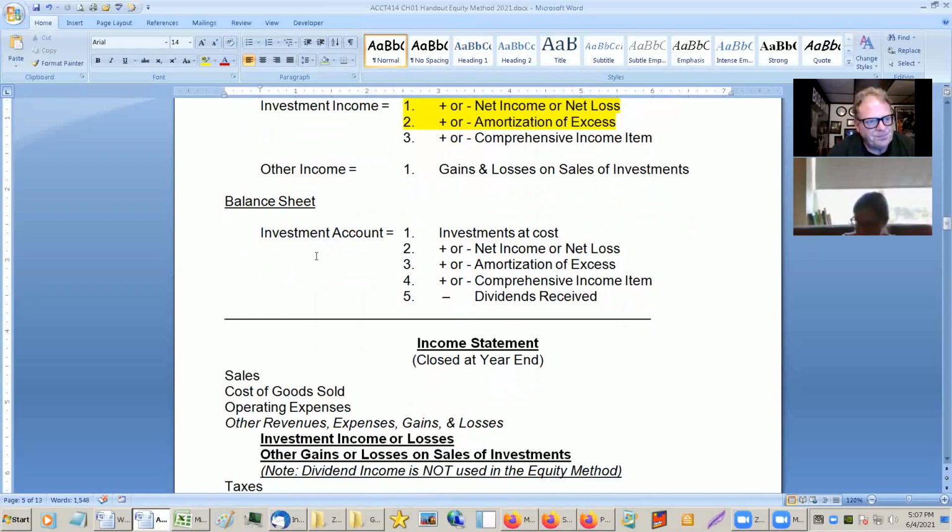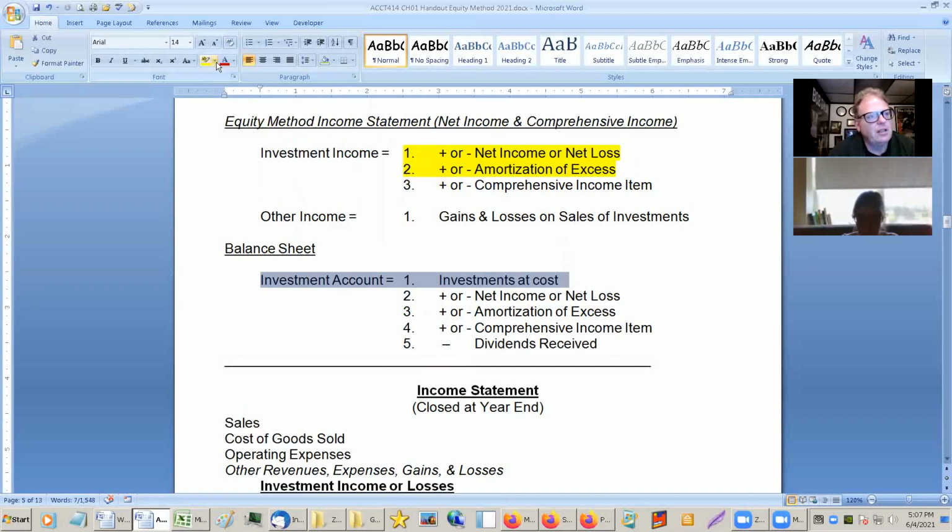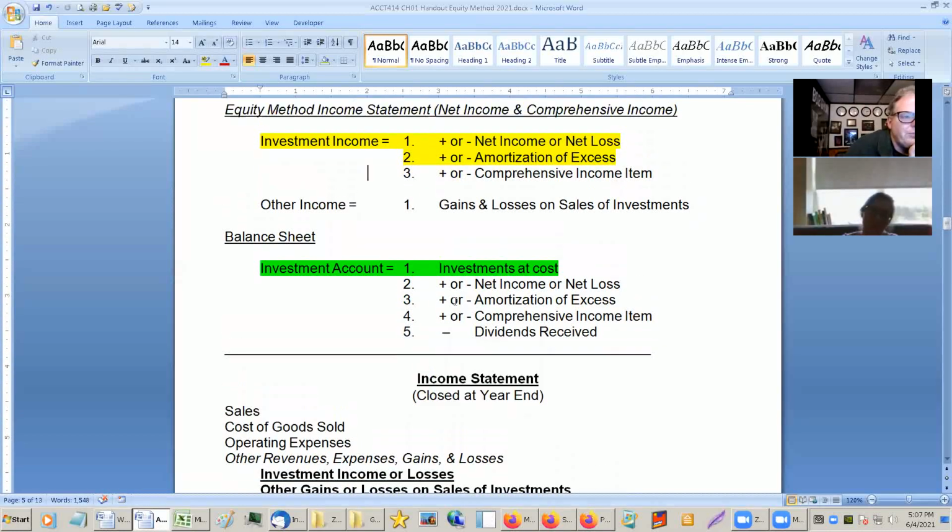Okay, the investment account. So this is on the balance sheet. So how does the investment get bigger? Well, it gets bigger if you have income. It's worth more.